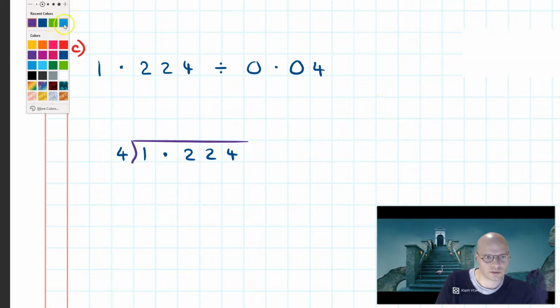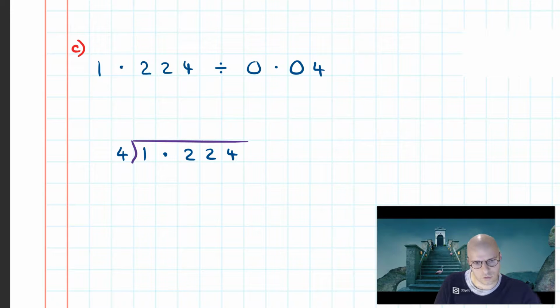Going for the division, 4 goes into 1 0 times, build the friendship bridge, decimal point goes upwards, 4 goes into 12 3 times, 4 goes into 2 0 times, friendship bridge, 4 goes into 24 6 times I believe.